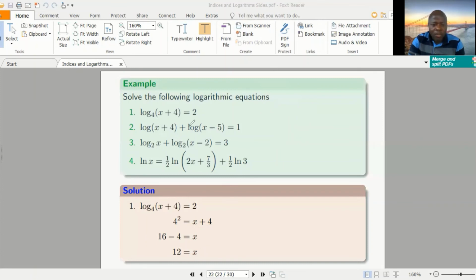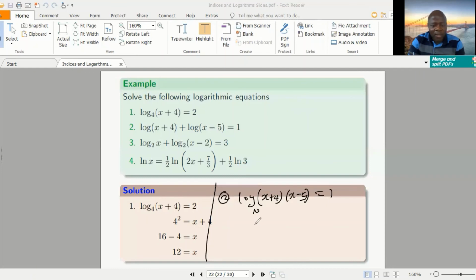Now I want to do this, and I'm using the laws of logarithm. This addition means I'll be doing multiplication. So I would have log of x plus 4 multiplied by x minus 5 is 1. Remember the base is 10 actually.